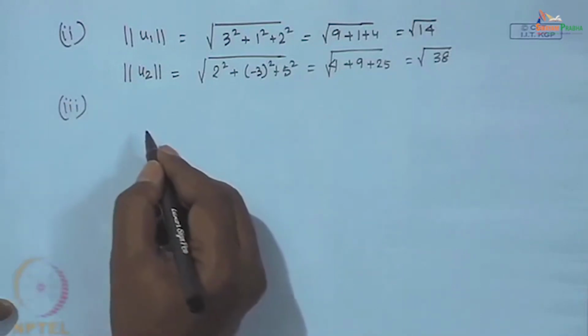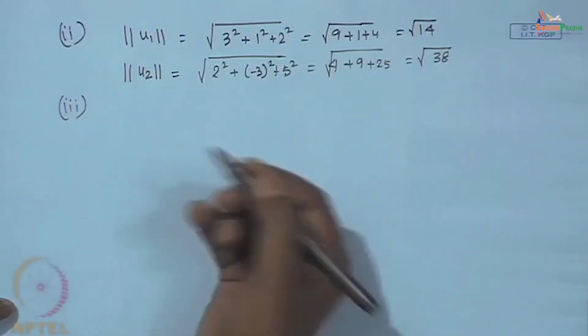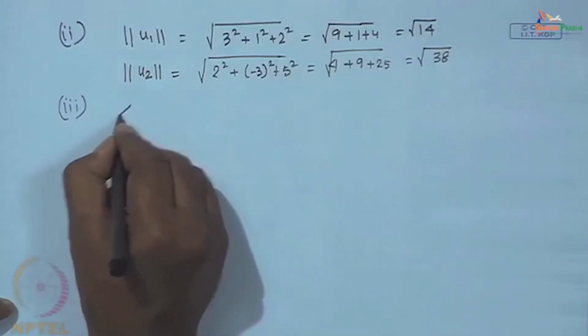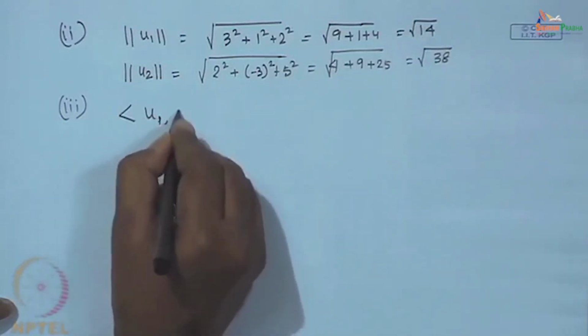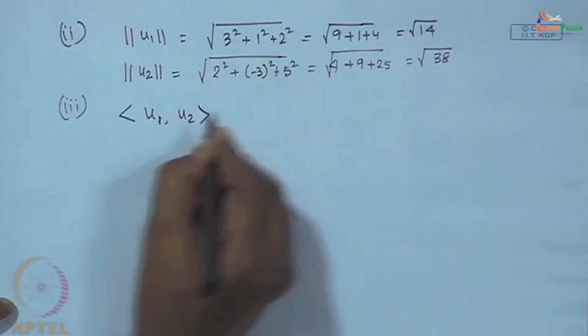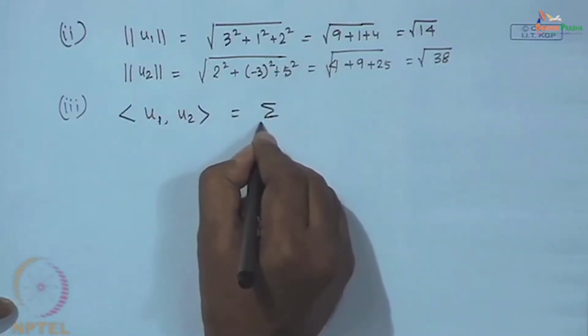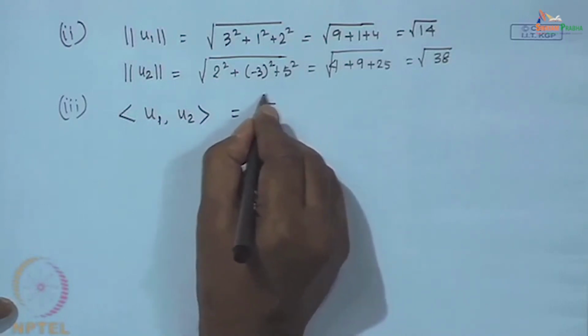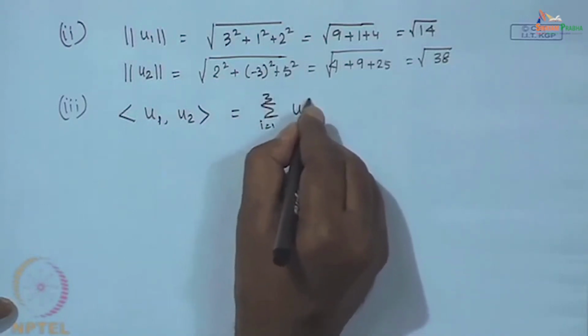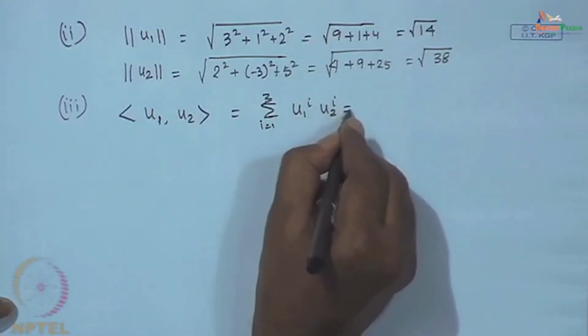Next, we take up the third part of the problem. We have to compute the inner product between u1 and u2. If you look into the definition, it will be summation over i equal to 1 to 3 of u1 multiplied by u2.